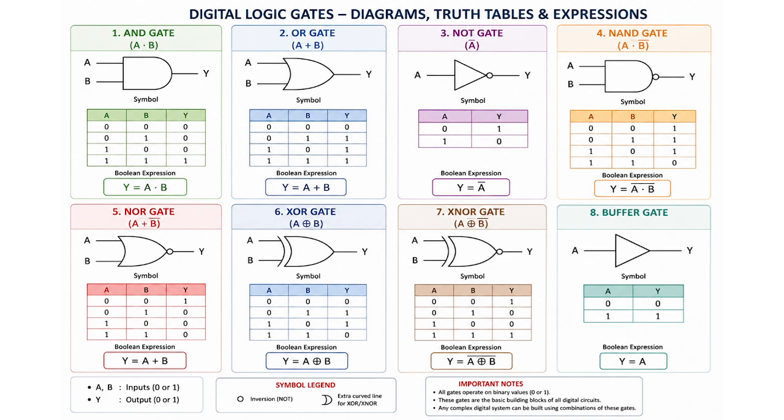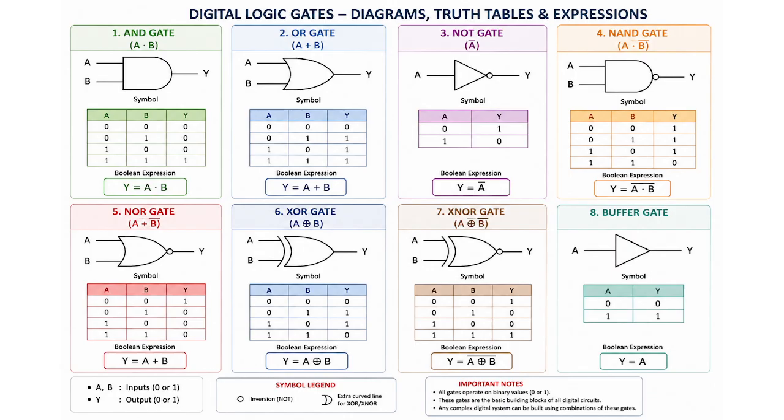So NOT gate means nothing but an inverter, it inverts, that's all. If your input is in off state, it inverts and creates on state. The NOT gate is nothing but reversing the input. For the AND gate, the symbol is a dot. For the OR gate, the symbol is plus.